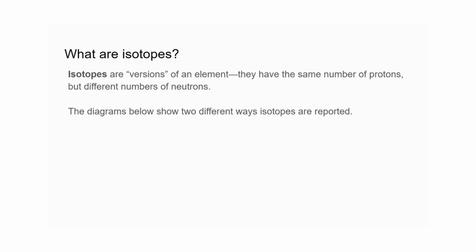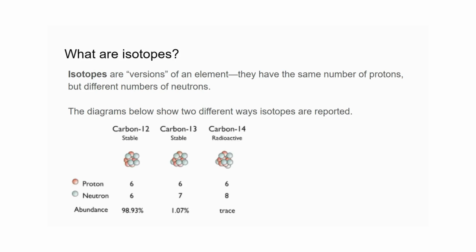There are a few different ways to report isotopes, but there are two main ones that we'll use in this class, so I want to show you those. You'll notice there's carbon-12, carbon-13, carbon-14. This is one of the ways to report isotopes, where you say the element name, a dash, and then the mass number.